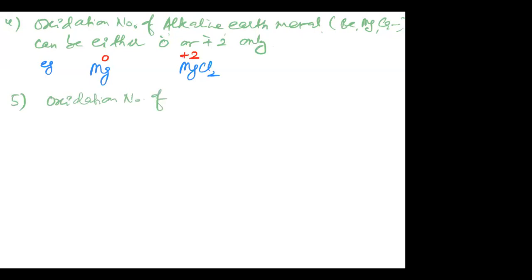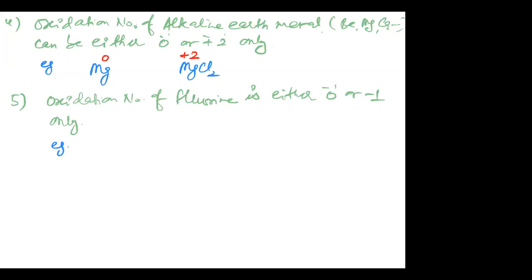Next one. Oxidation number of fluorine is either 0 or -1 only. Fluorine is the most electronegative element, so in combined state it can't have a positive oxidation number.